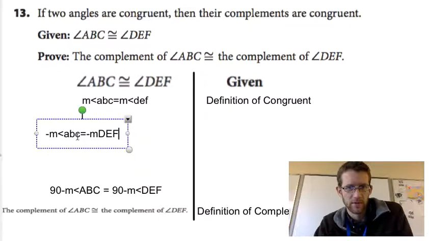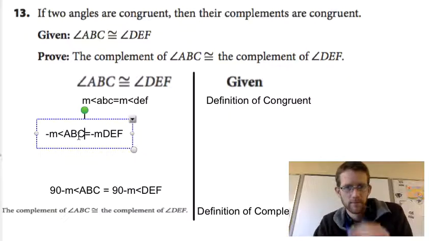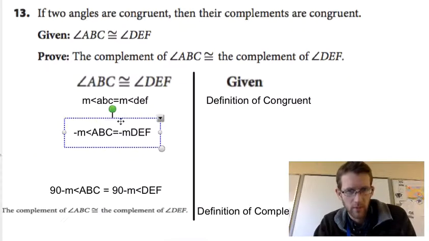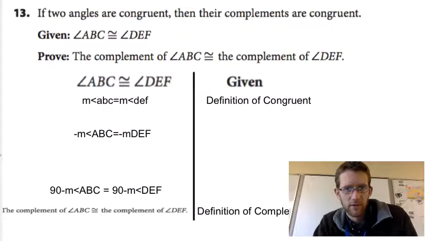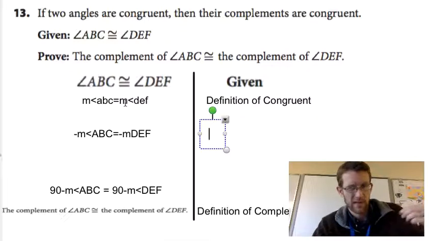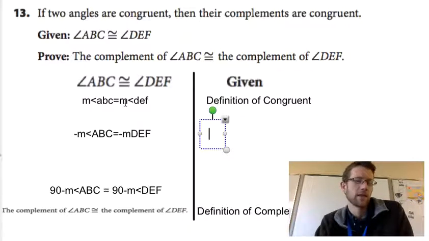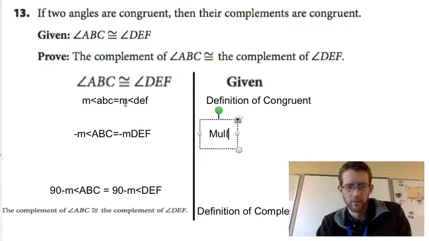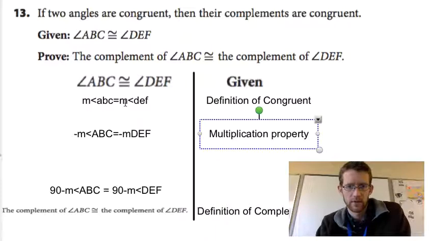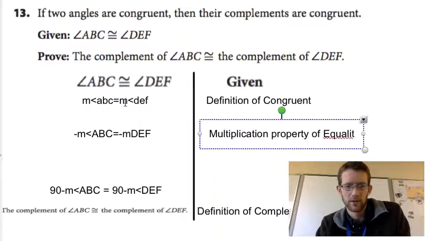Yeah, we'll use capital. Cool. How did I go from there to there? Well, I either divided both sides by -1 or multiplied both sides by -1. So we can use the multiplication property or division property. In this case, I usually think of it as multiplying by -1. So the multiplication property of equality.